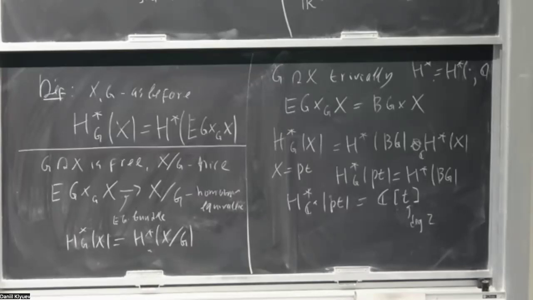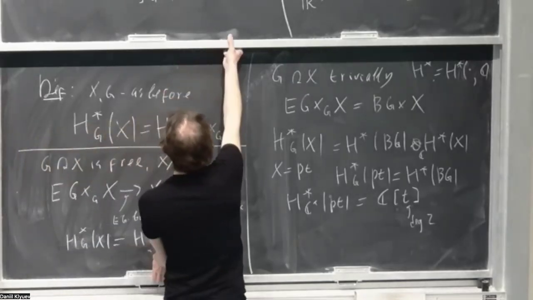The torus will be our main thing, and we will try to use it to obtain information about B or the group itself. Yeah, it's important to understand what happens with the torus.